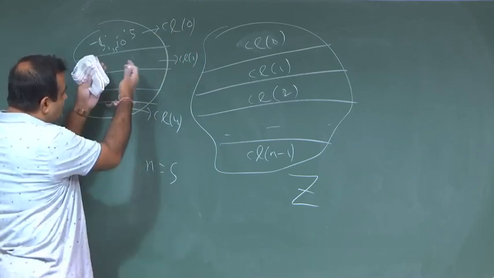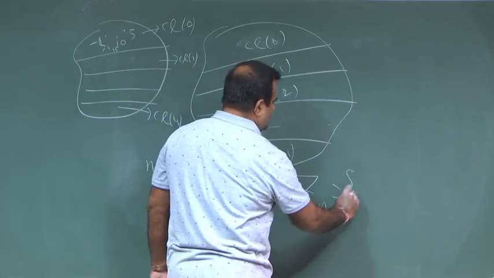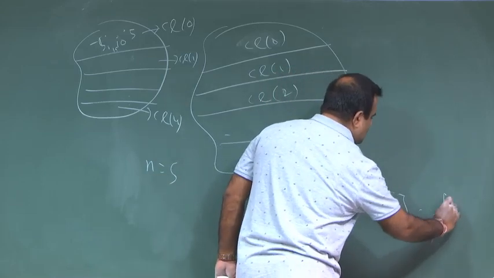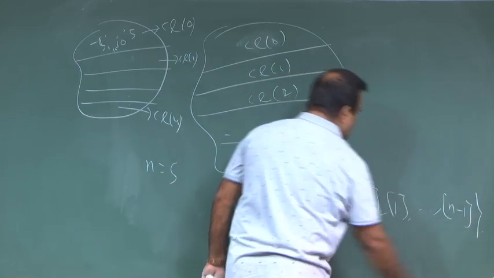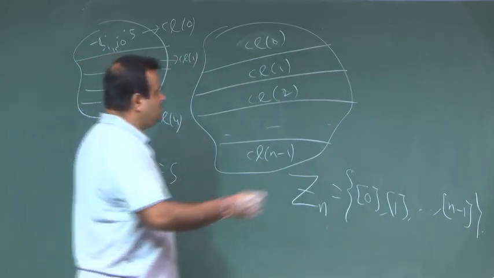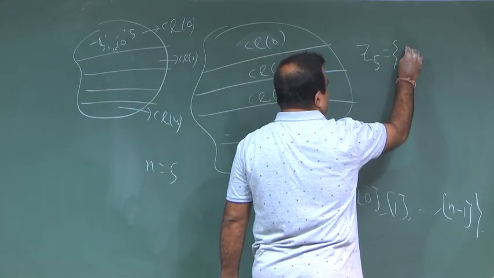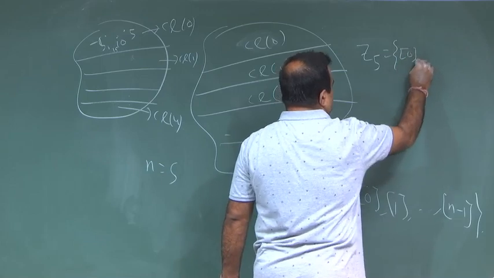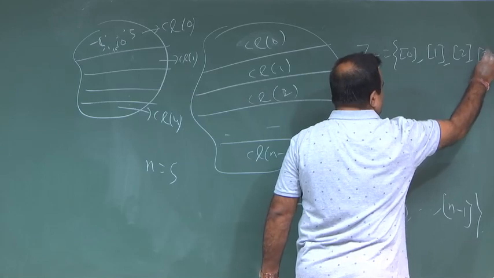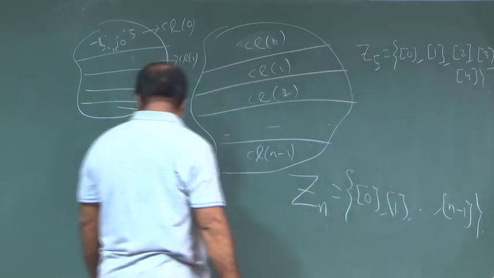So, this collection, this set is called Zn: 0 class, 1 class, up to n minus 1. These classes are called Zn. So, what is Z5? Z5 is nothing but 5 classes: class 0, class 1, class 2, class 3 and class 4. Which are in class 1?